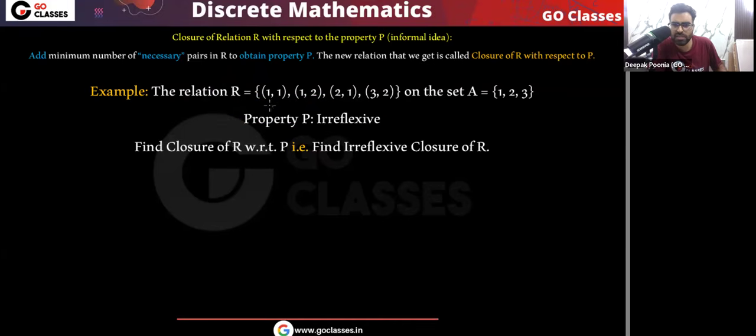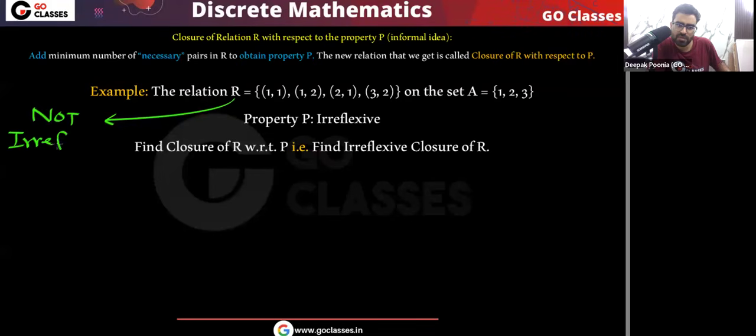No, because irreflexive means there should be no reflexive pair, but here we have the reflexive pair (1, 1). So this given relation is not irreflexive, correct?